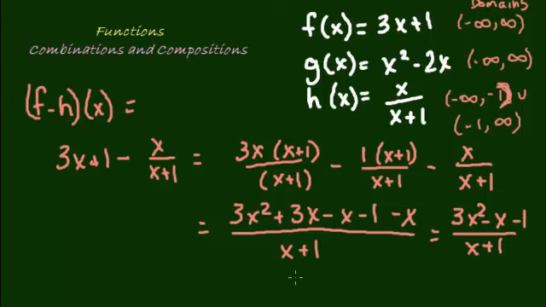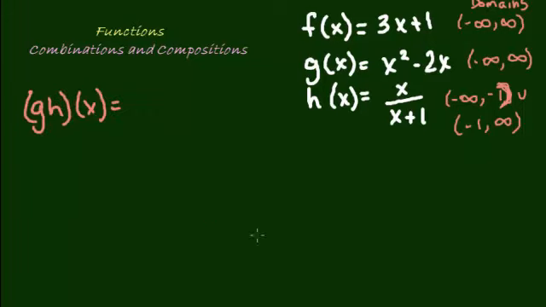The domain for this particular function is once again going to be negative infinity to negative 1 exclusively, union with negative 1 on up to infinity, which should be the exact same domain as h of x.